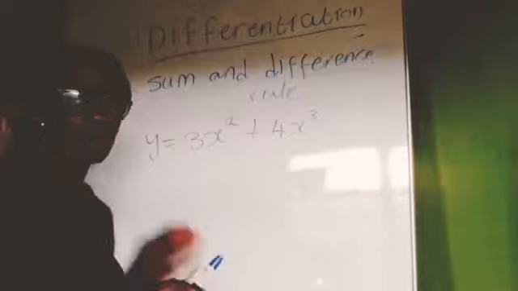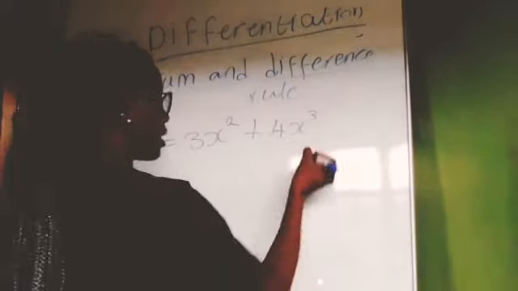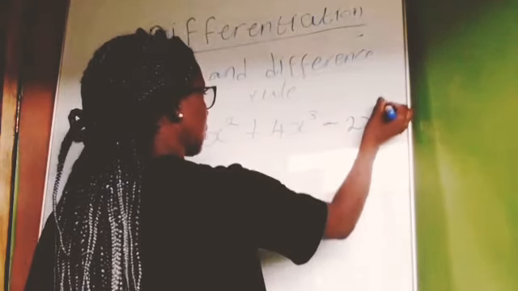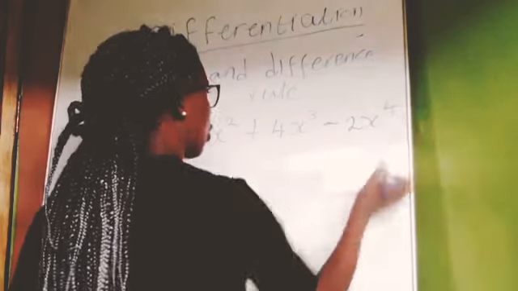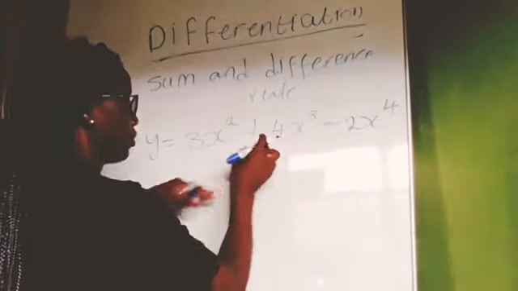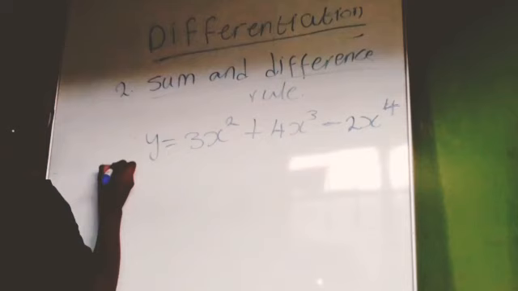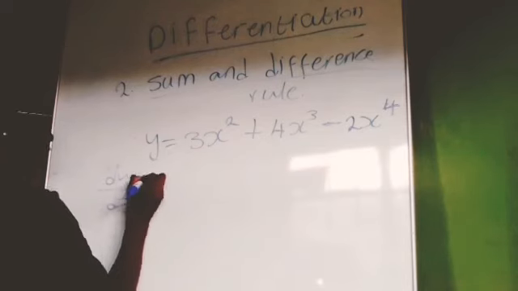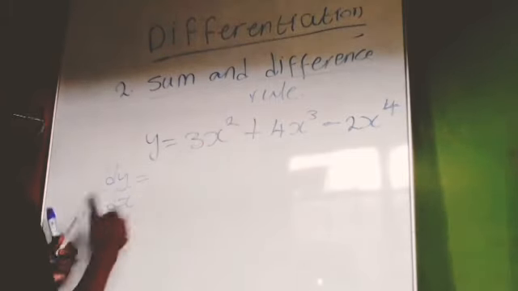The sign in the middle will still maintain. So you can actually have more. You can even have, let's say, minus 2x to the power 4. So they're all independent terms that are brought together with different signs. So to differentiate this, to get dy dx, so dy dx is equal to, so remember, multiplying the power times the coefficient.